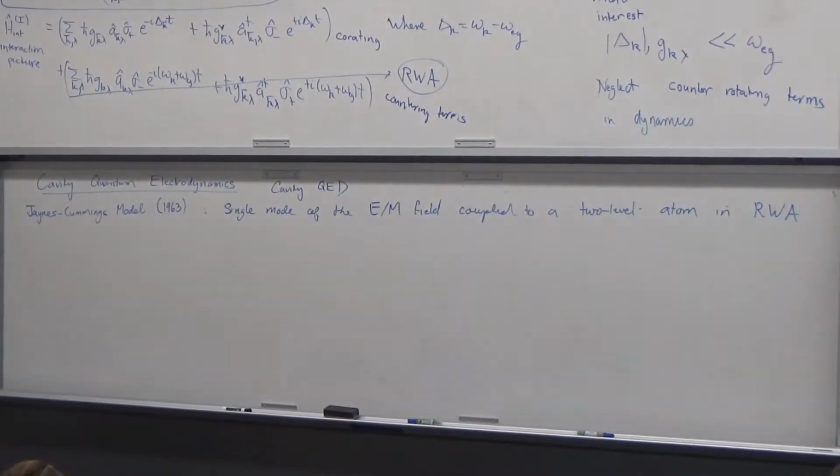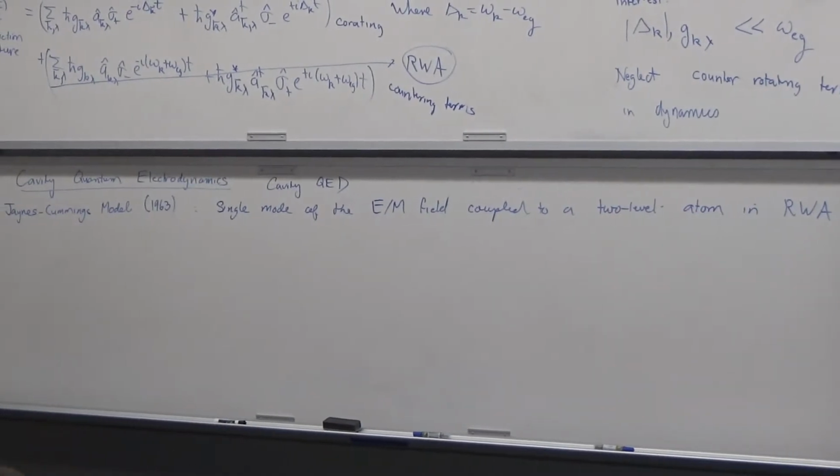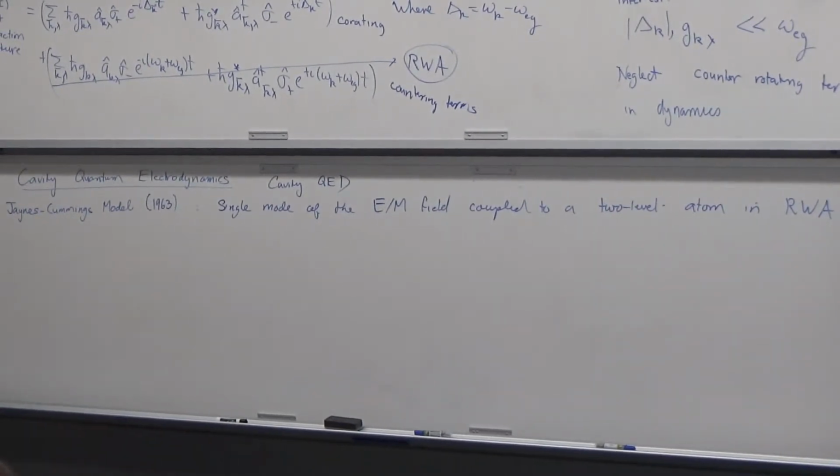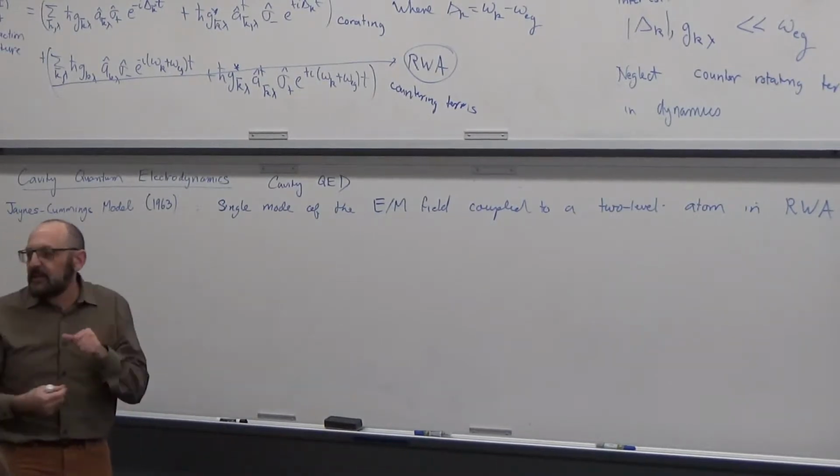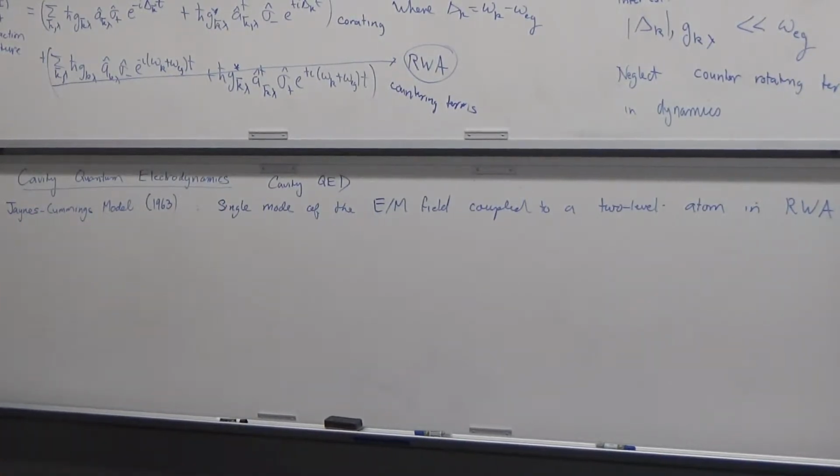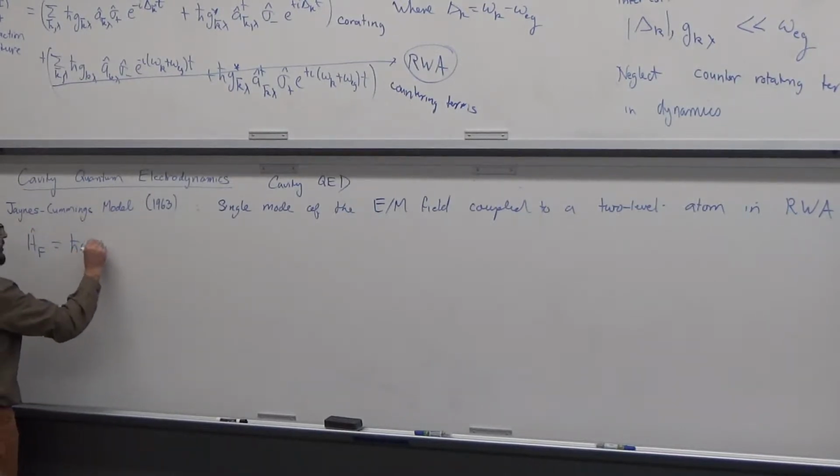So now we have one mode of the field. That mode is like, for example, that microwave mode. It has some particular frequency and some particular polarization. The field is now reduced to just a single harmonic oscillator.